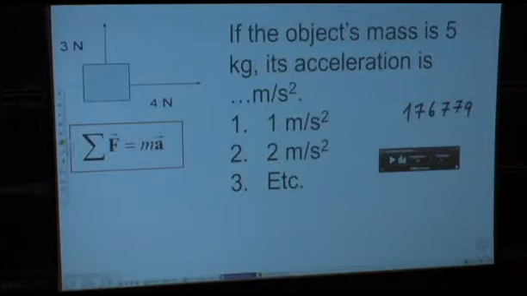Of course, it looks like a simple question, but it tests our understanding of the very nature of Newton's second law. First of all, this symbol represents the net force, which is the sum of all forces. So if you want to calculate the acceleration, that's what we have to do, literally.